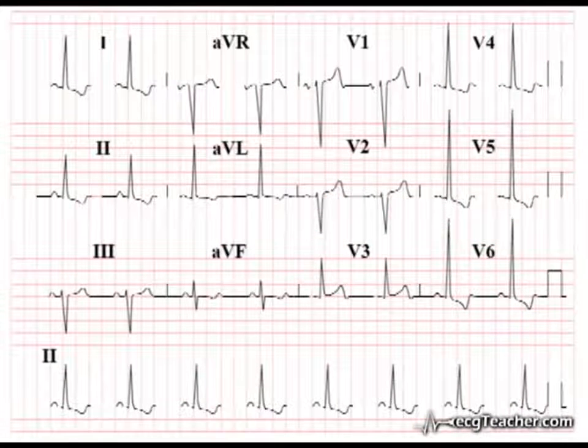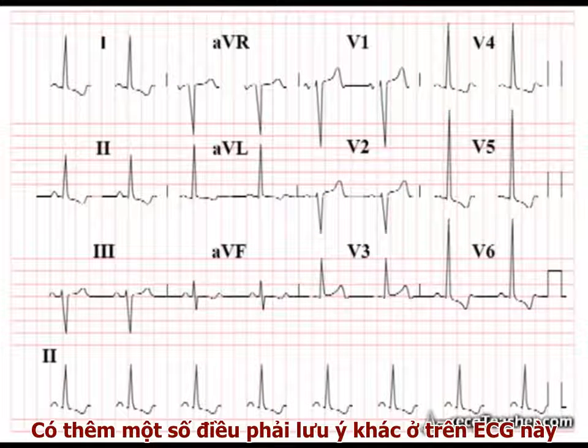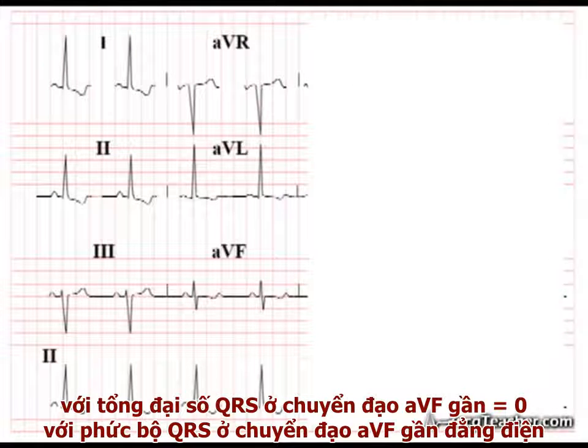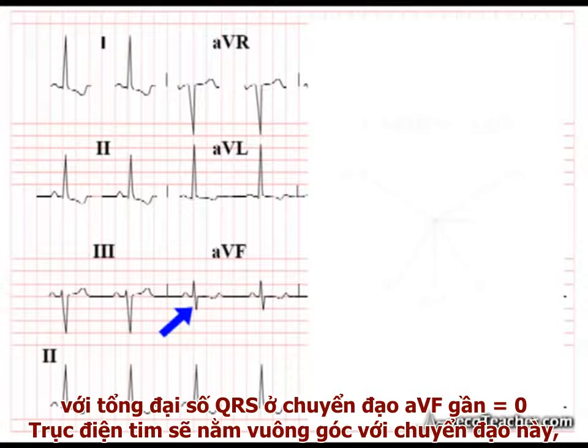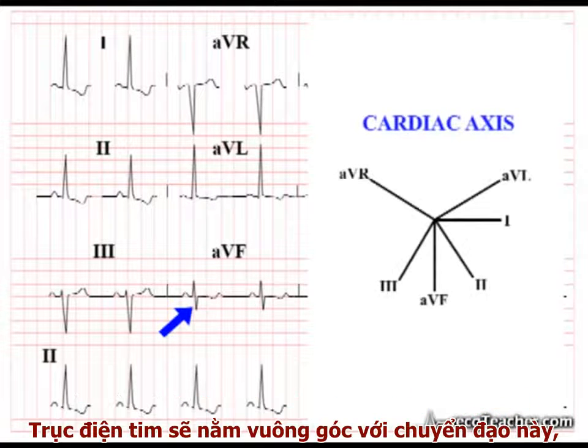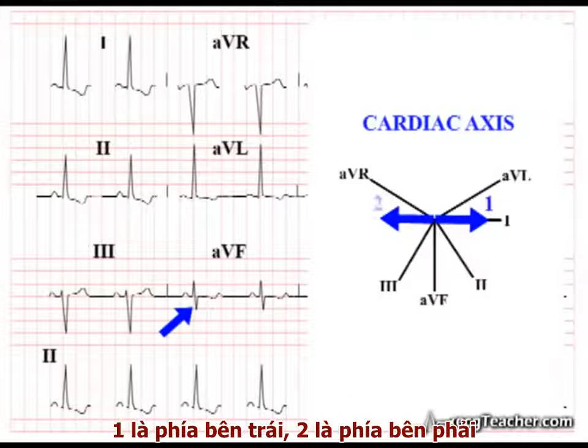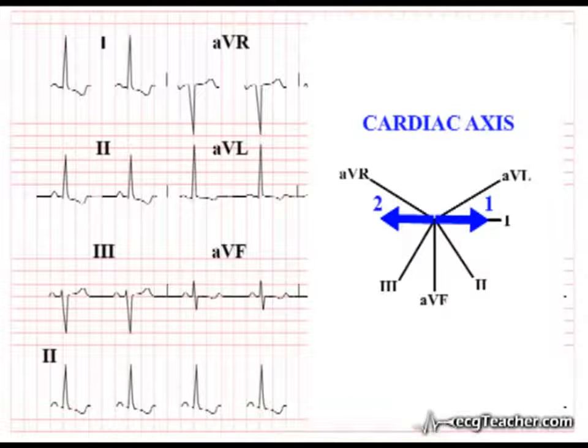There is one further point of interest on this ECG. Looking at the frontal leads, with the QRS complex in AVF near isoelectric, the cardiac axis lies approximately at 90 degrees relative to this lead, giving us 2 options for the axis, one travelling towards the left and one towards the right.